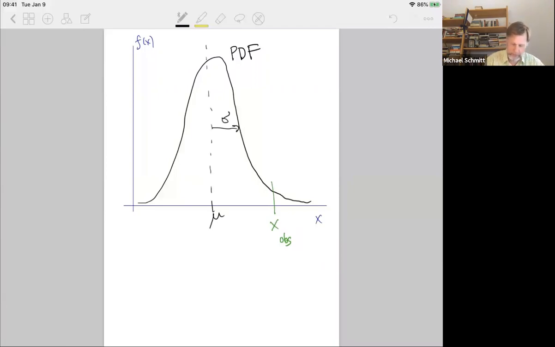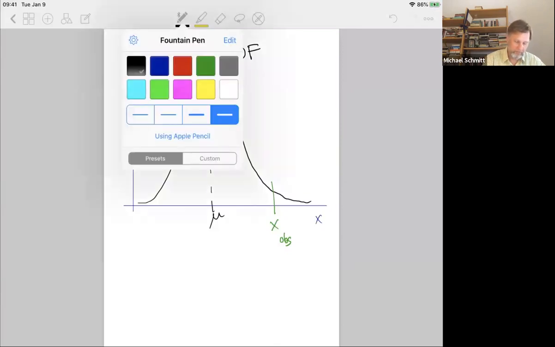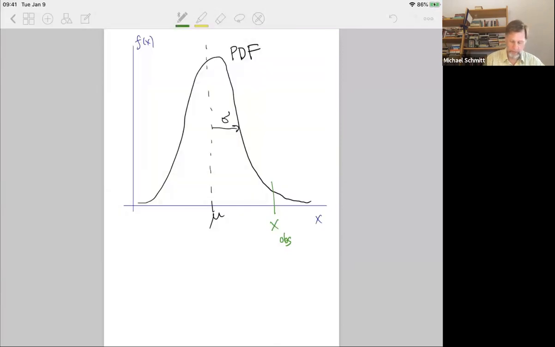So this x observed is pretty far away from the mean. In the context of doing scientific observations, you may say, well, I got an unusual value for x when I did my experiment. How unusual is that value for x?